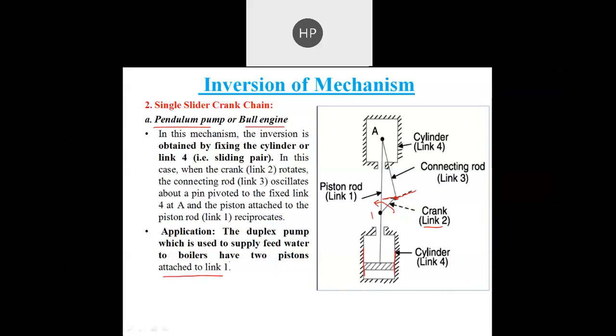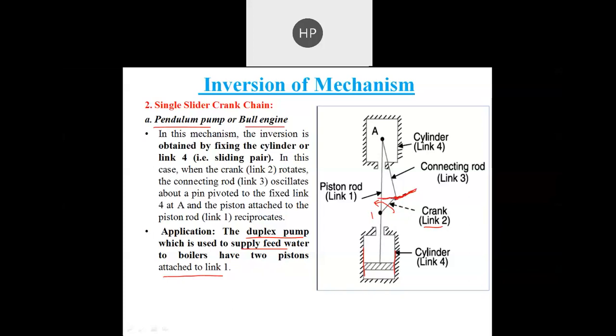So this is the inversion that is used in the boiler, and this is how this bull engine or pendulum pump will work. And why is it known as a pendulum pump? Because this connecting rod has an oscillatory motion, like a pendulum.